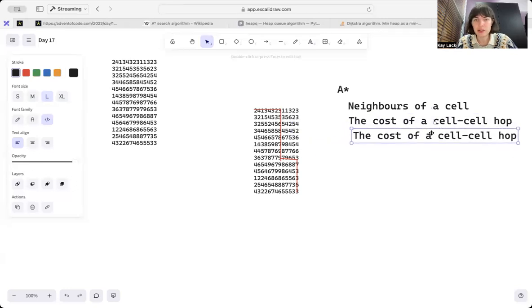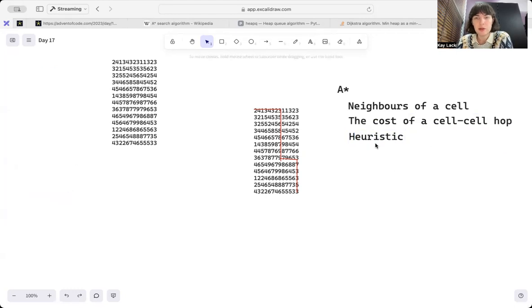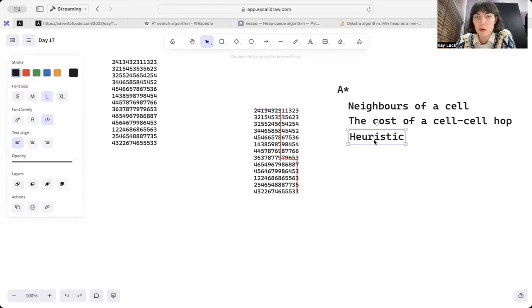It also provides us with the opportunity to use a heuristic, which is our estimate for how costly the path we have yet.